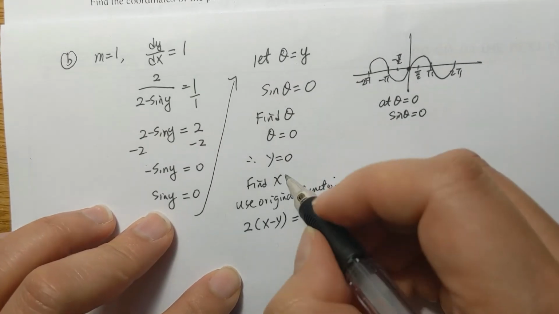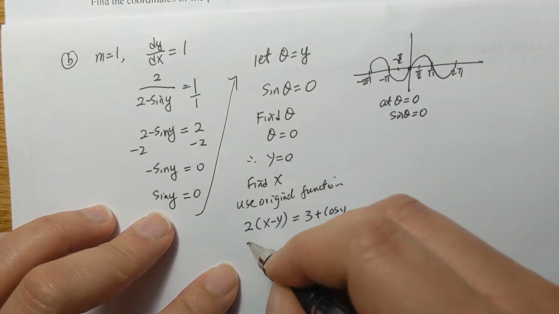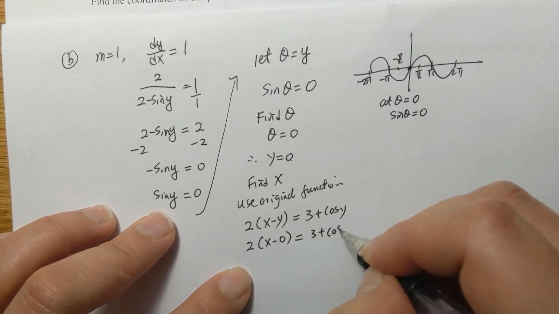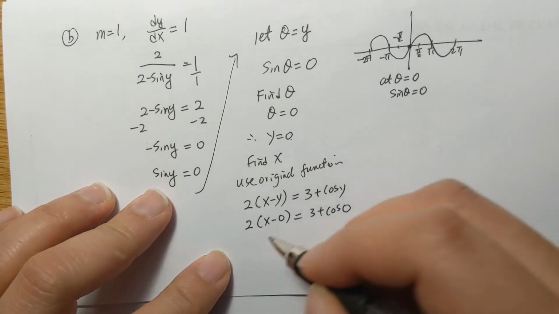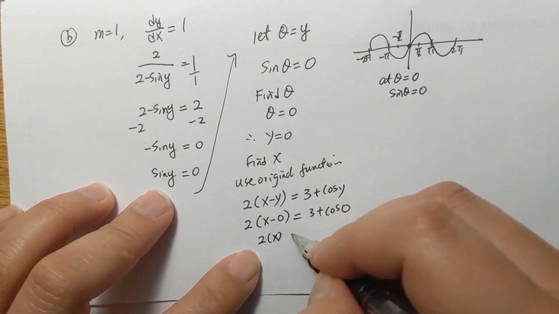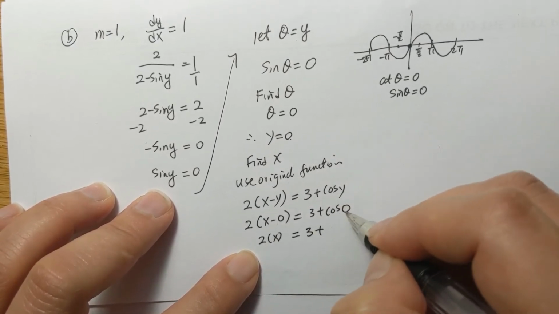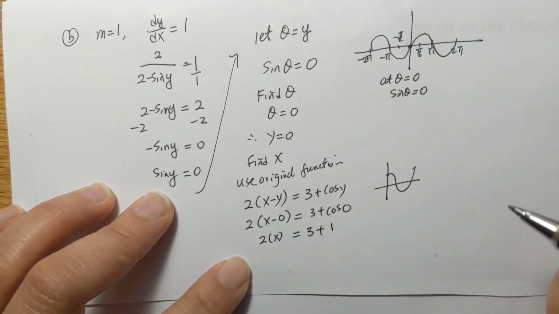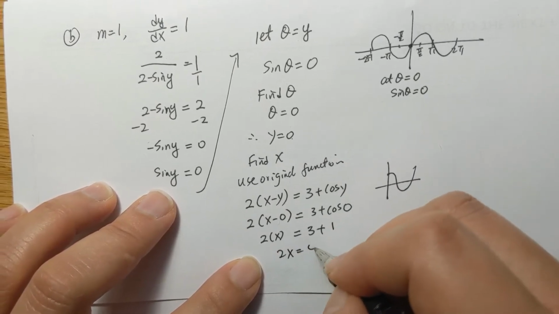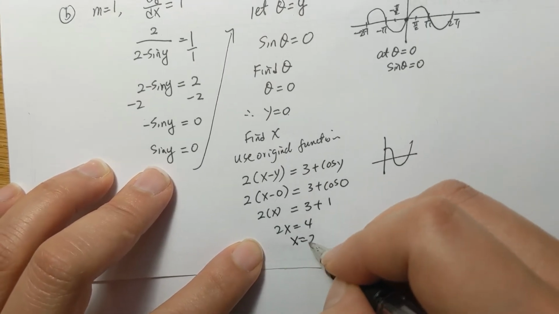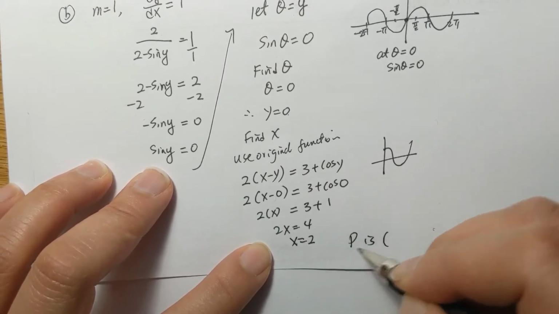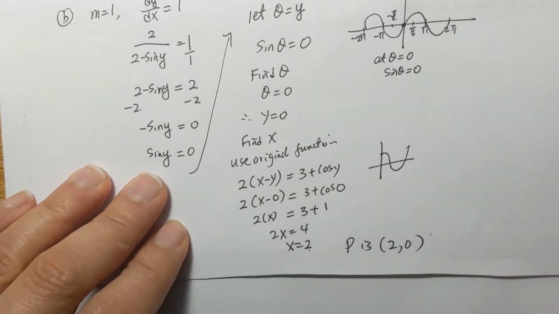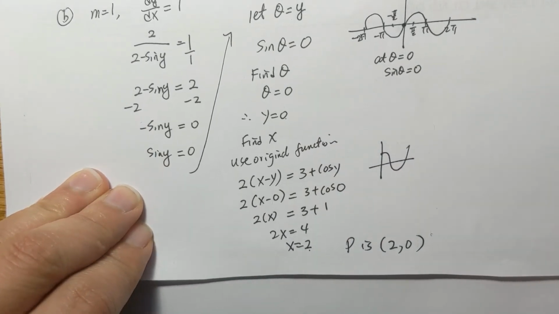Now we are going to substitute this, and then we simplify. And we know that cosine 0 equal to 1. And then you get 2x equal 4, and then x equal 2. So point P is 2, 0. So we found the answer for part B.